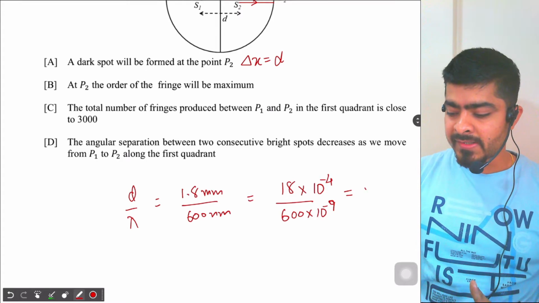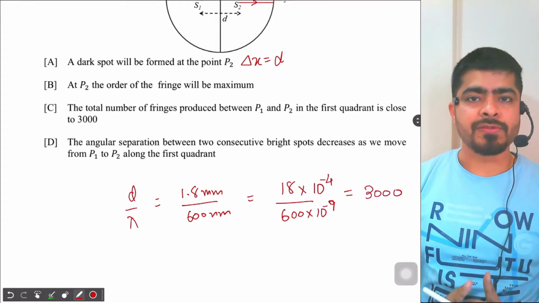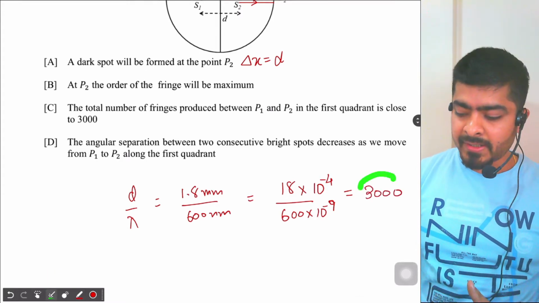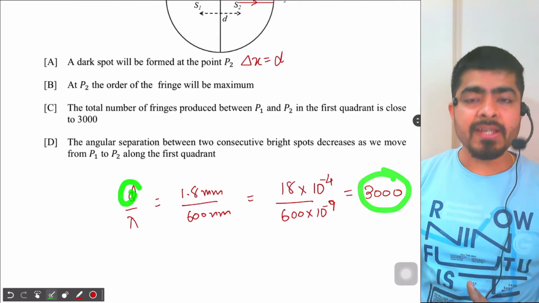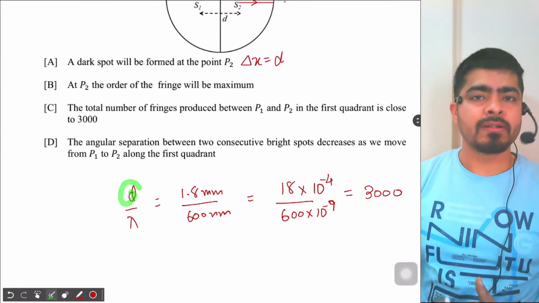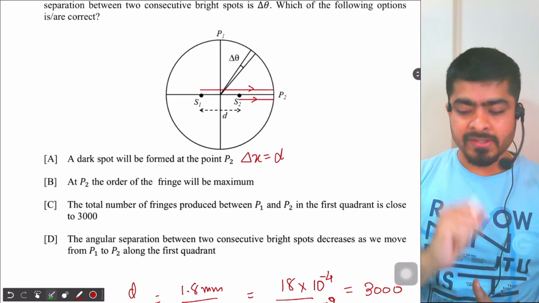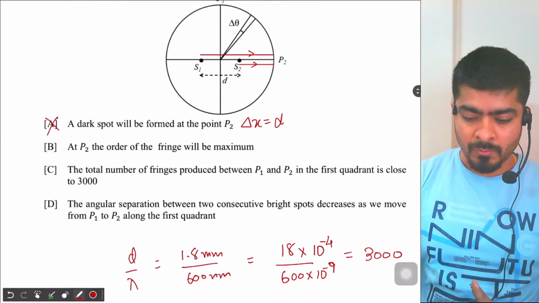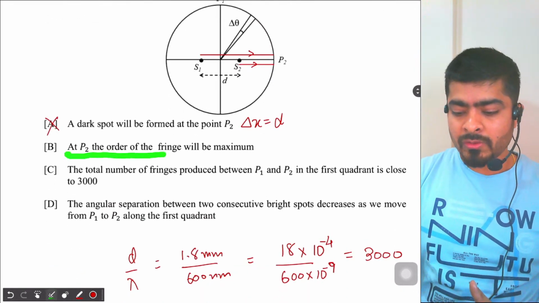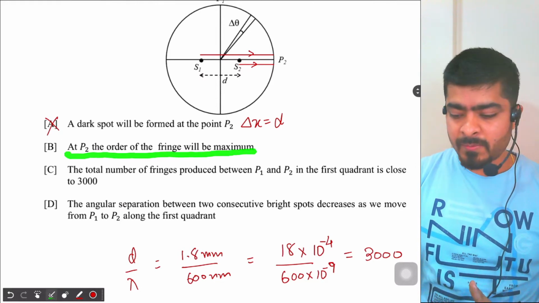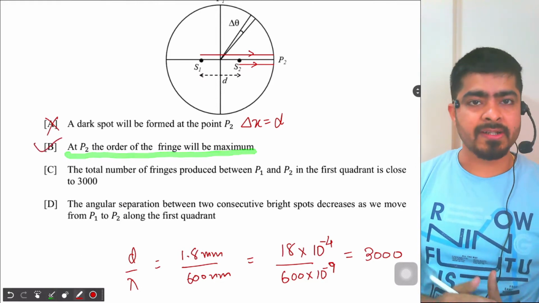This is equal to 3000. We are getting an integer, so d is a multiple of wavelength. So the point P2 will not be a dark fringe, it will be a bright fringe. So option A is wrong. P2 is a bright fringe, the order of fringe will be maxima. It's a maxima, so B is correct.